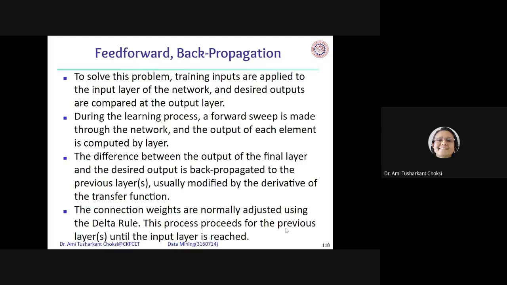The difference between the output of the final layer and the desired output is back propagated to the previous layers, usually modified by the derivative of the transfer function. The connection weights are normally adjusted using the delta rule. This process proceeds for the previous layers until the input layer is reached.